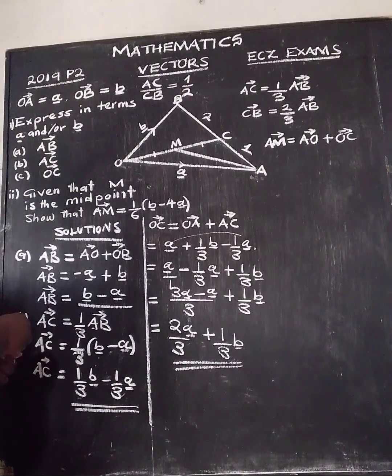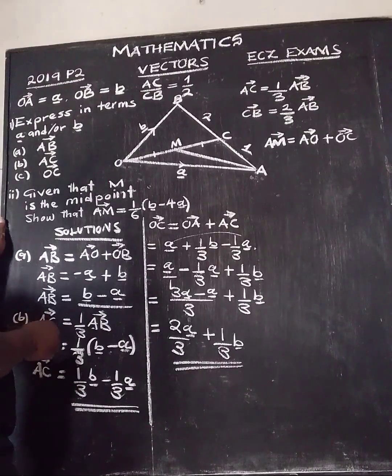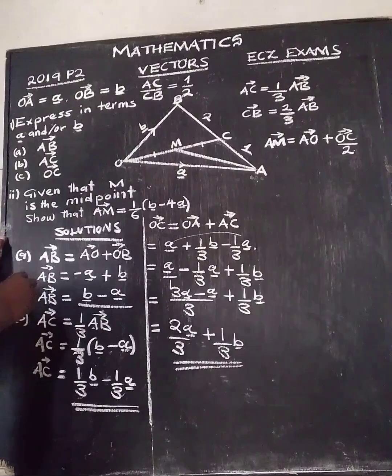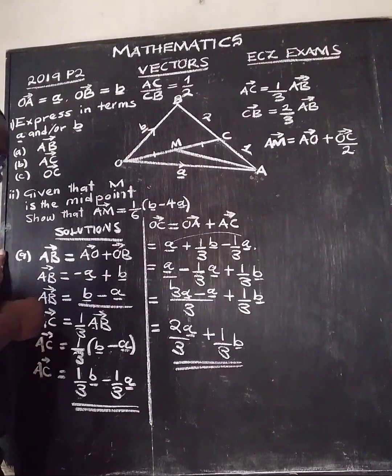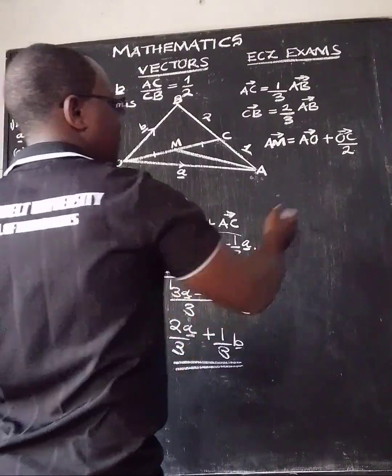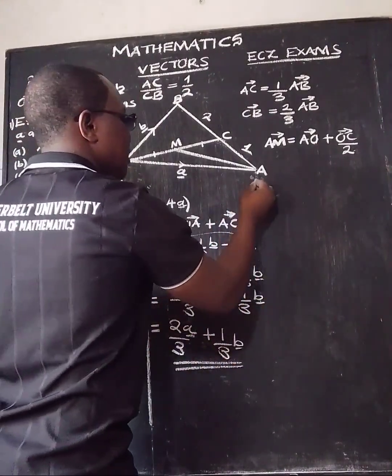Sorry, not OC. OC, we're going to divide this OC by 2. Because we're saying, let me just show you what I've done here. So you can write it as this.